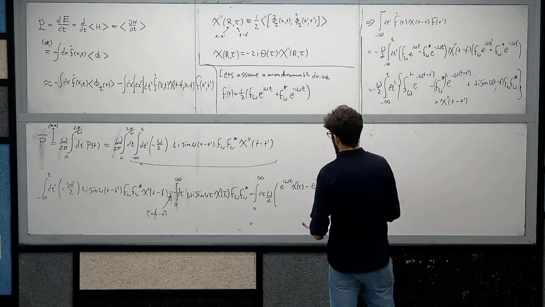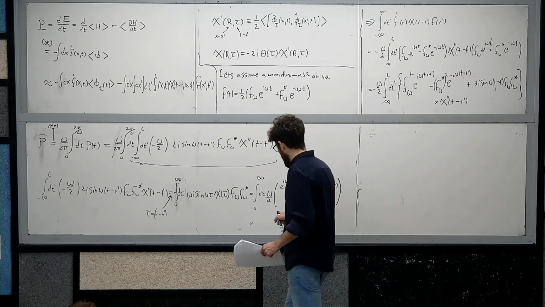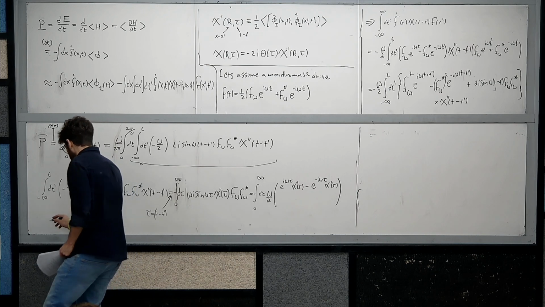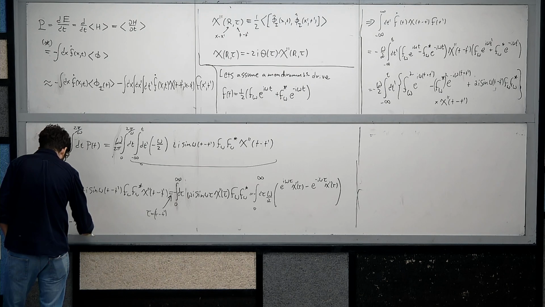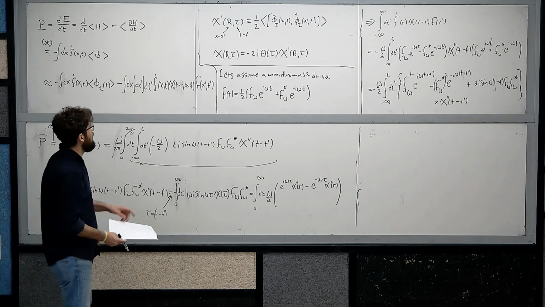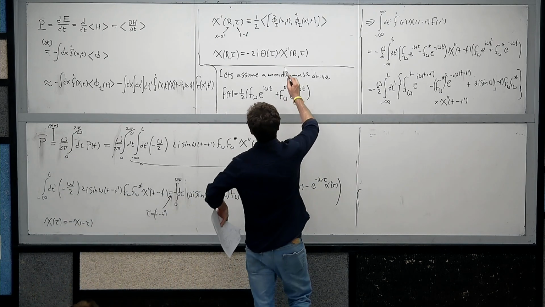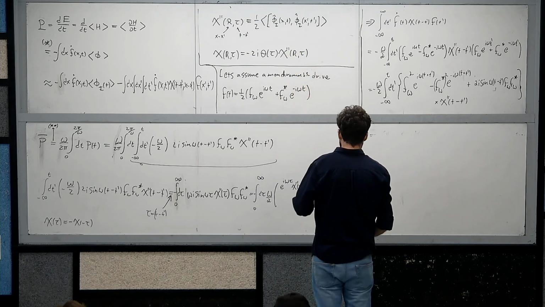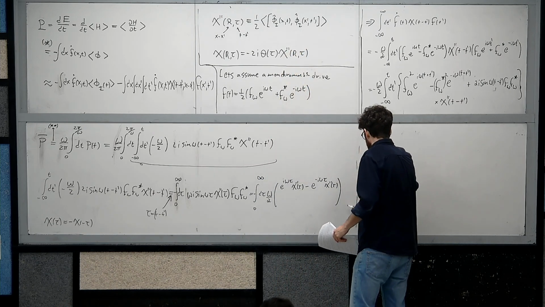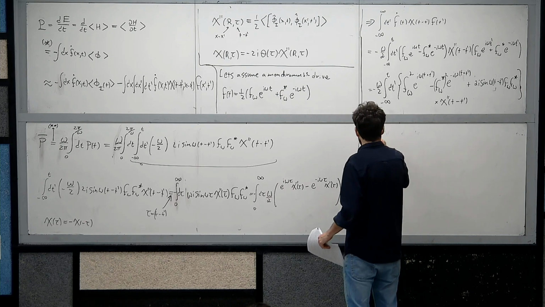Okay? Now I want to argue that chi of tau is equal to minus chi of minus tau. And how do you see that? You see it from these commutation relations. Okay? So that means that I can, okay, let me continue here.